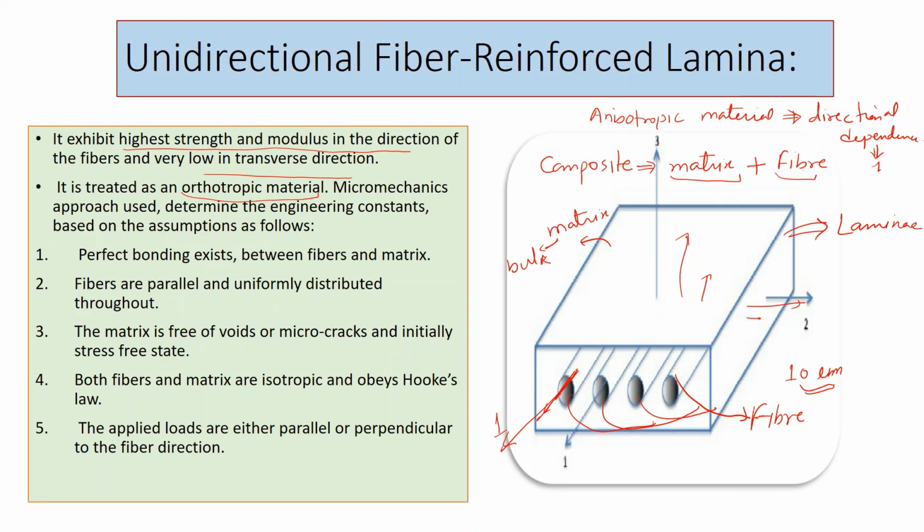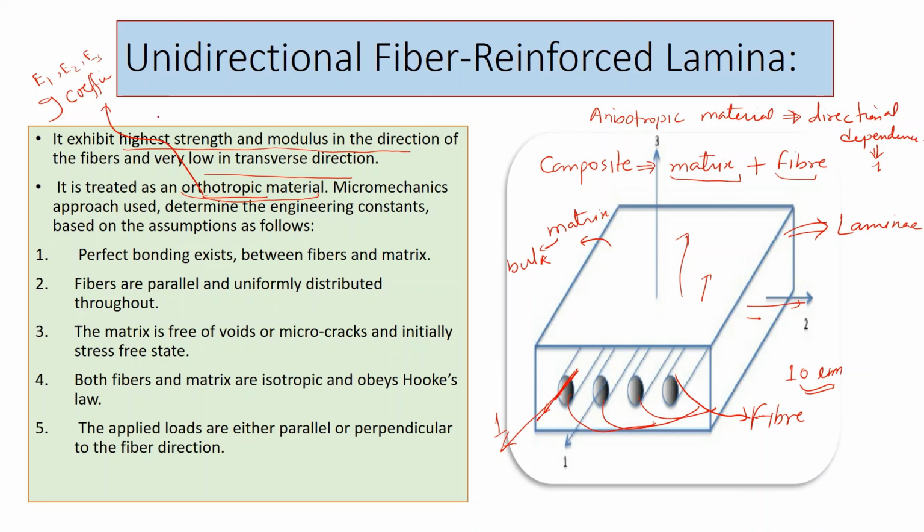So in this orthotropic material, we have 9 coefficients, which are E1, E2, E3, meaning Young's modulus in direction 1, direction 2, direction 3.